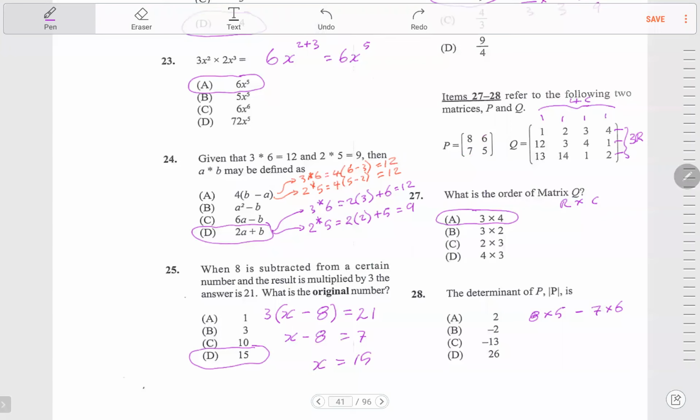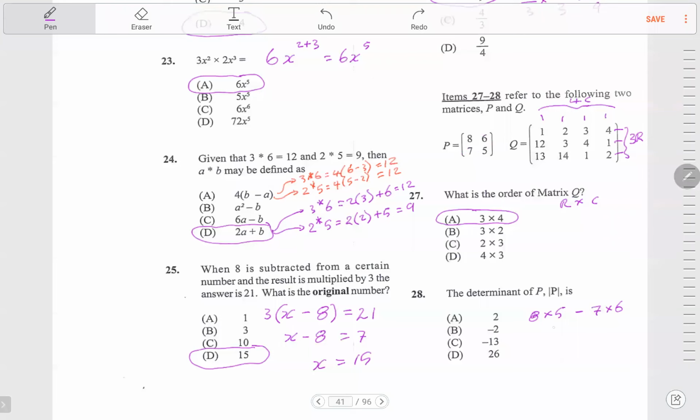I can also say main diagonal. Any word that means first is referring to this diagonal. Any word that means second is referring to this diagonal. Any word that means primary or main, this one. Secondary, this one.